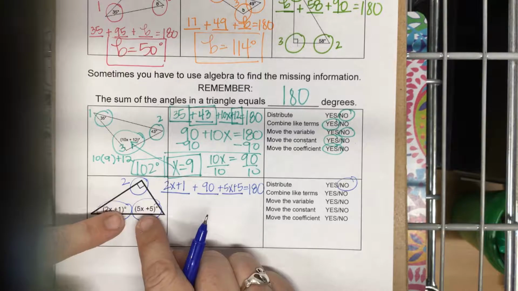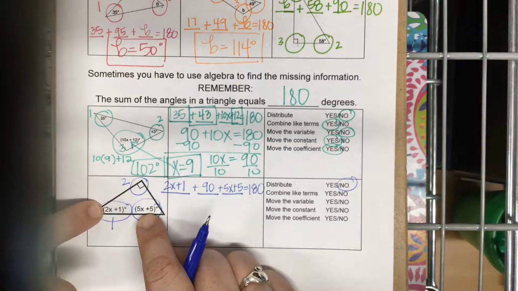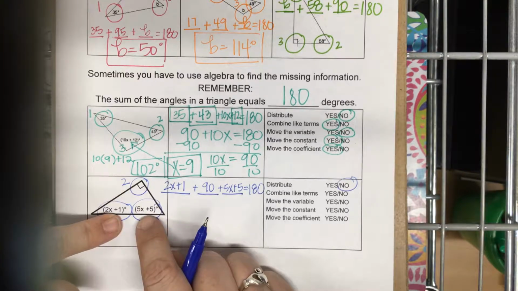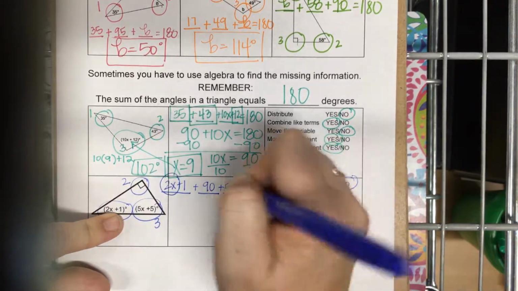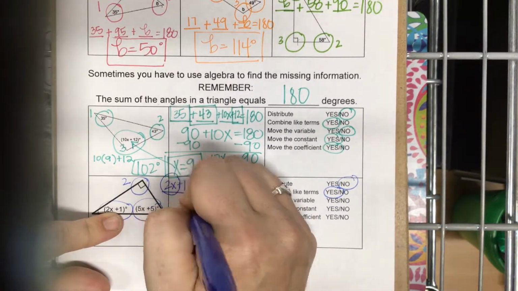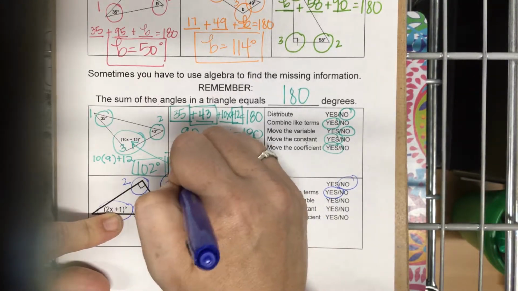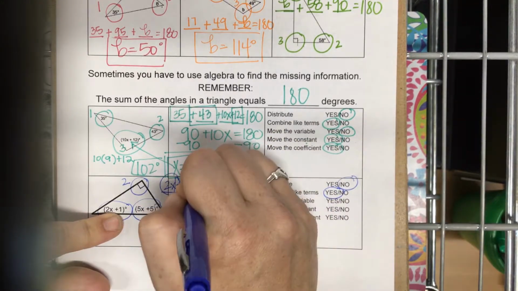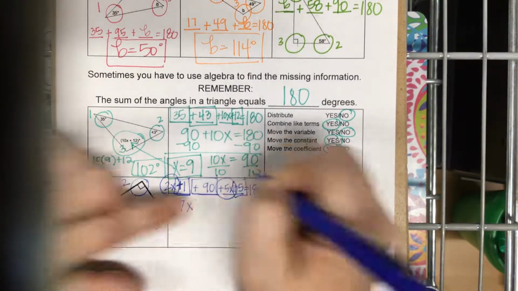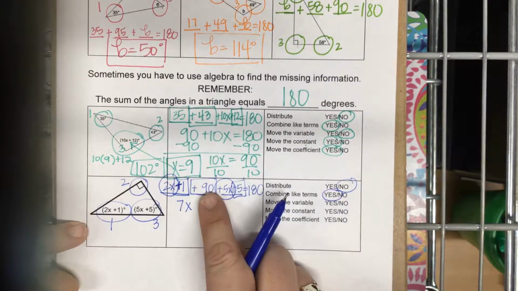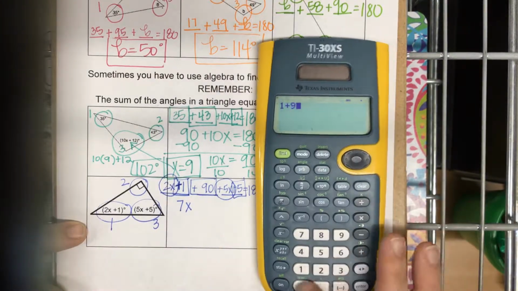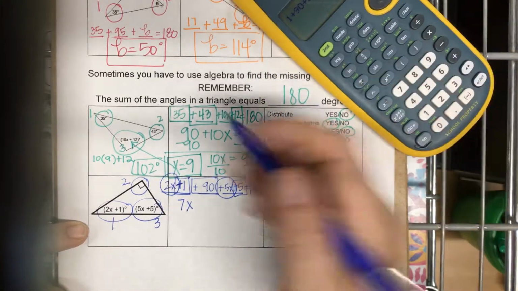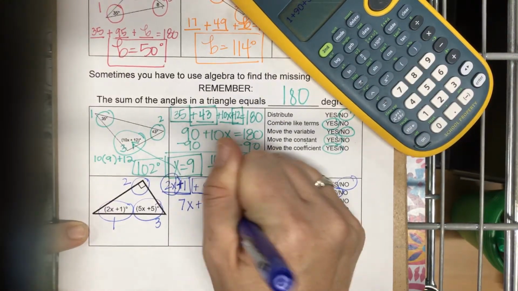These are just grouping symbols with no coefficient in front, so I don't need to distribute anything. But yes, I do need to combine like terms. 2x plus 5x is 7x. Then 1 plus 90 plus 5 is 96, equals 180 degrees.